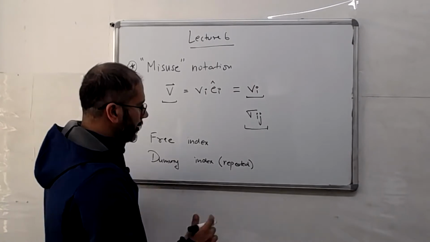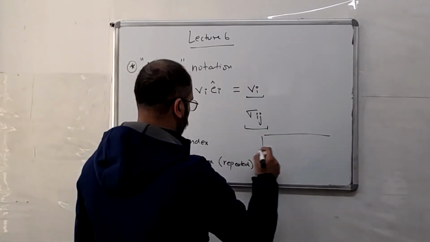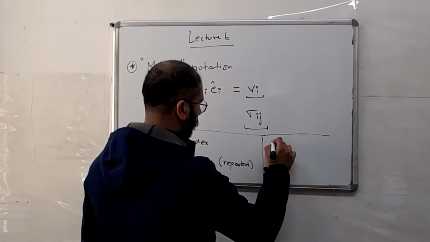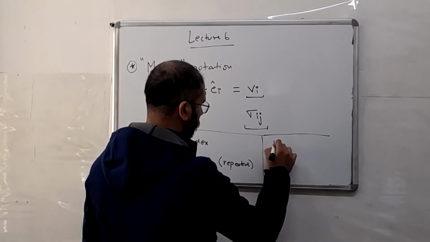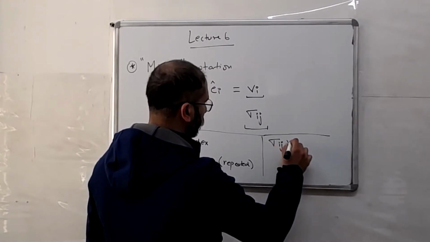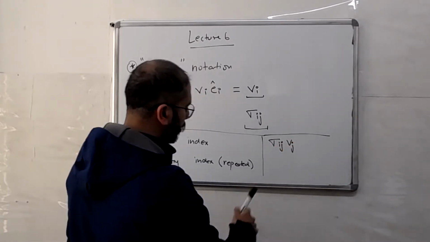An example of a free index: for example, if you have the tensor sigma ij being multiplied with a vector Vj. That's completely possible.